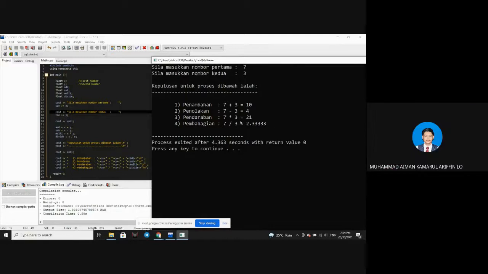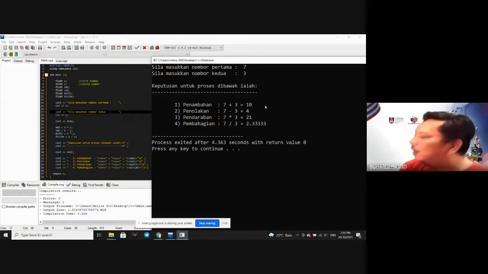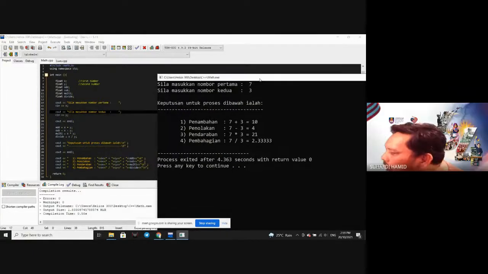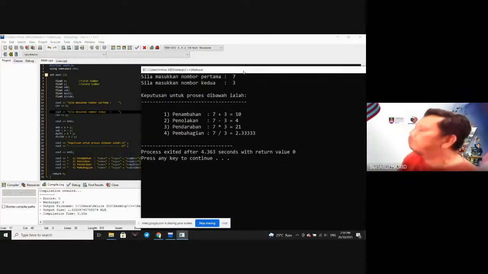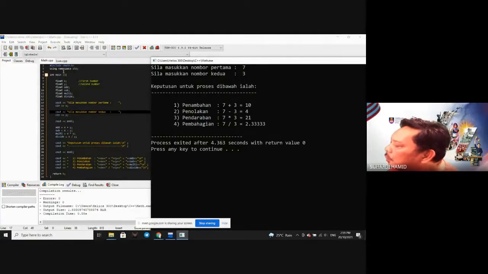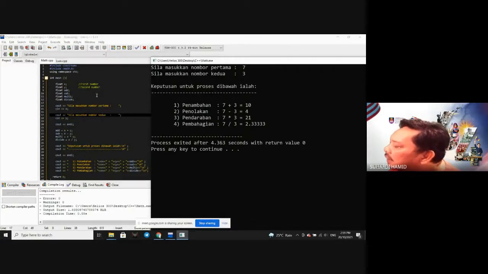Yeah, I forgot how to do it. All right, can we fix it? Yes. Personally, I find that you do not need to include math.h in your code. Instead of math.h, try to put iomanip.